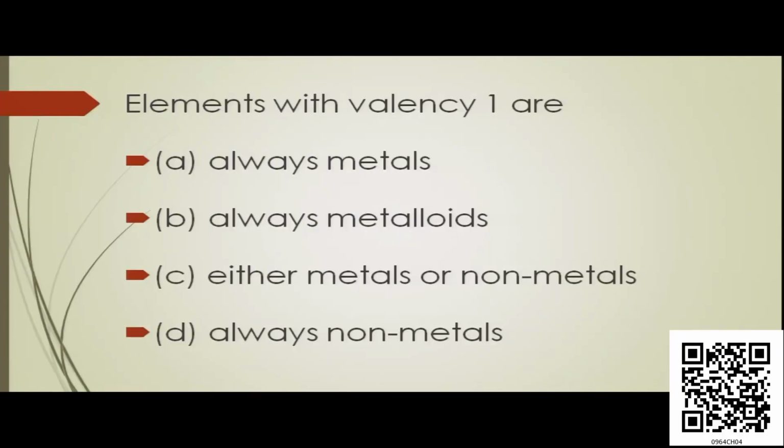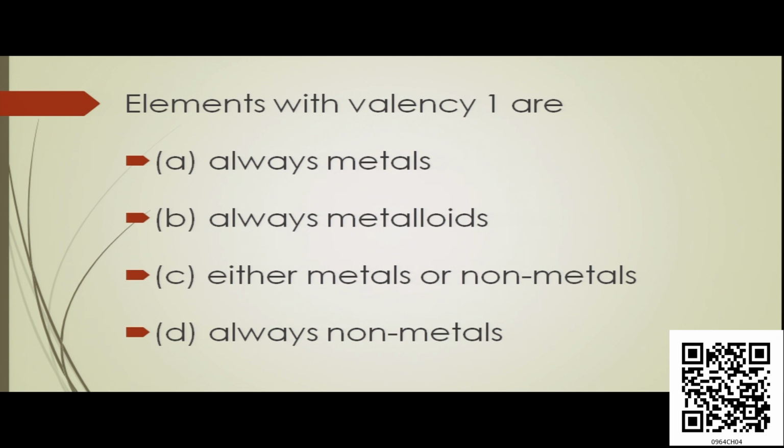We will take another example from this topic: elements with valency 1 are of what? What can you determine about elements having valency 1? Whether it is a metal, a metalloid, a non-metal, either a metal or a non-metal, or option D, always a non-metal.